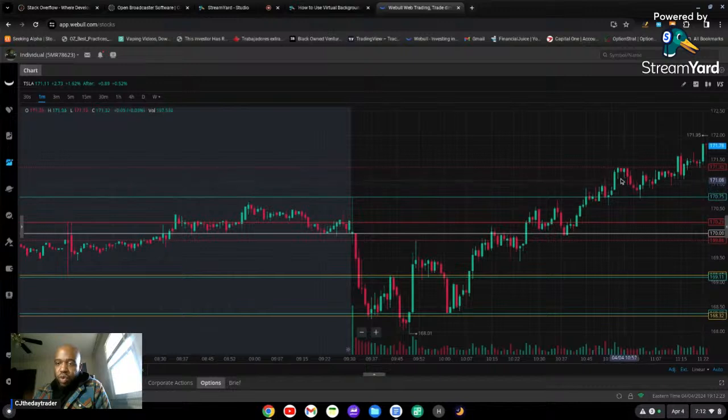And once you closed above this 170.75, which was kind of the pre-market or the opening high, you got a pull back to that level here on green, and then you got a nice move back to the upside. So it was a break and retest, essentially, of the opening high.